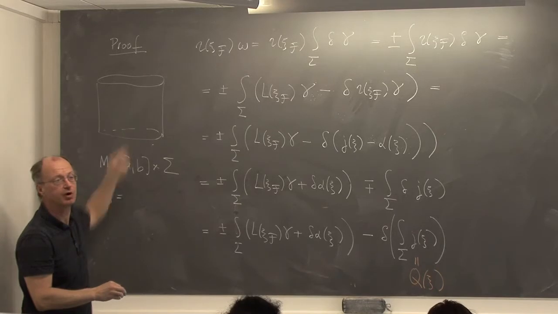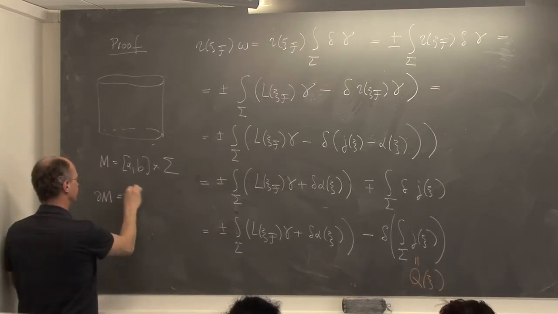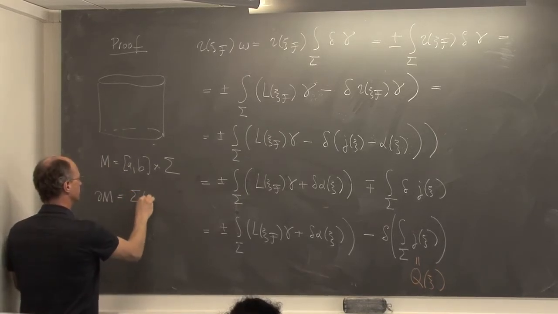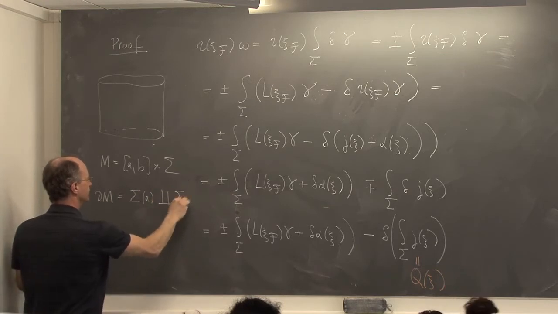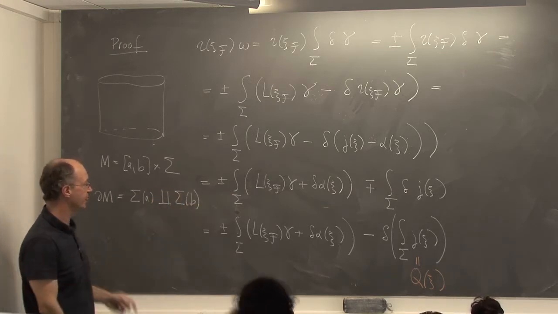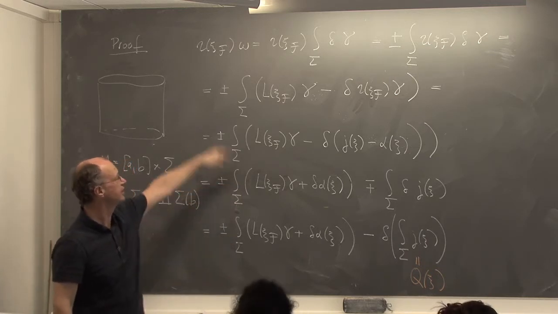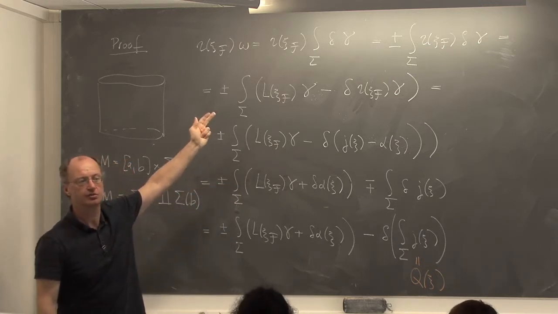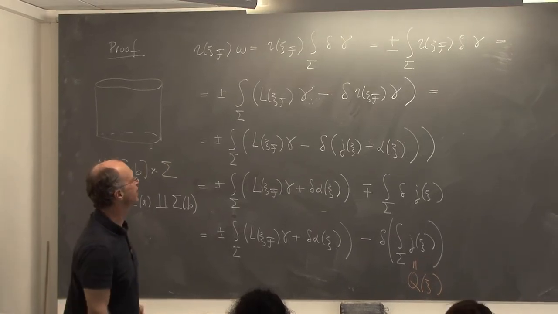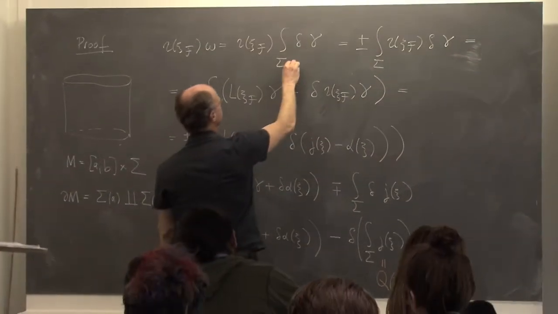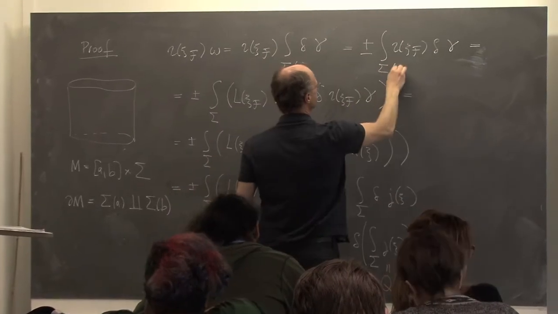Well, M has two components of the boundary. It is sigma of A union with sigma of B. So let's choose one of those sigmas for these integrals. We know that it doesn't matter which one we choose. We can, for instance, choose sigma A, right? So we can say that this was always sigma A.